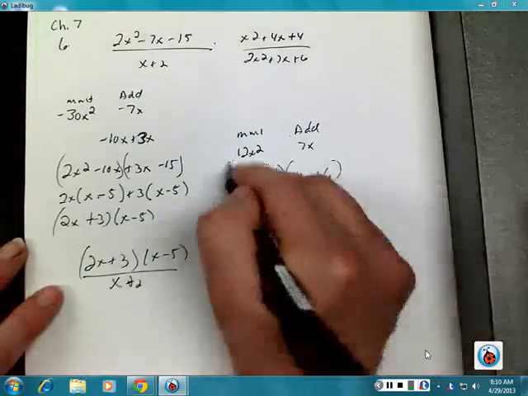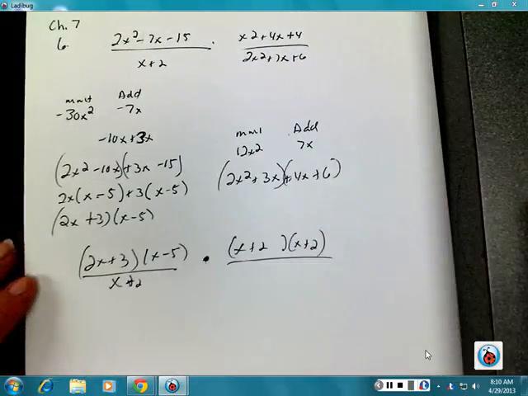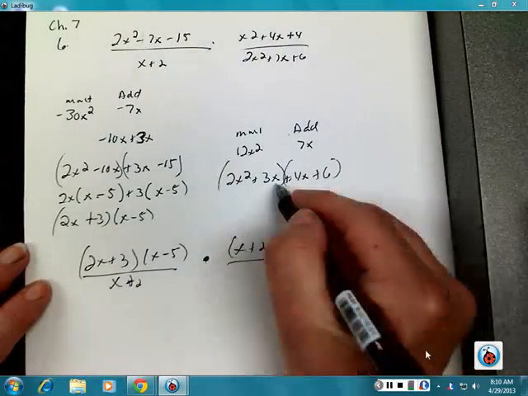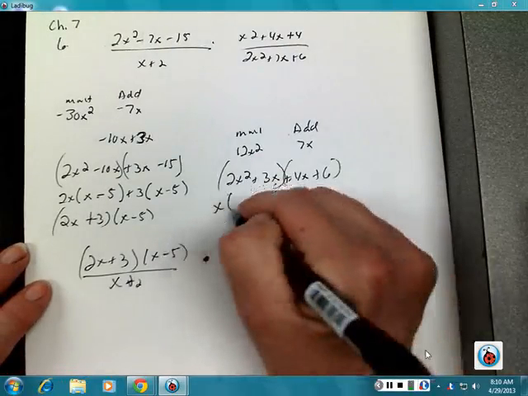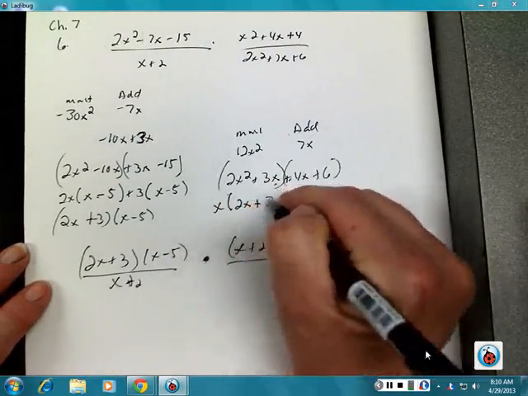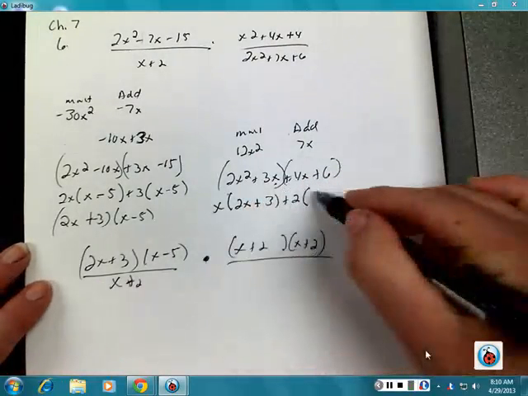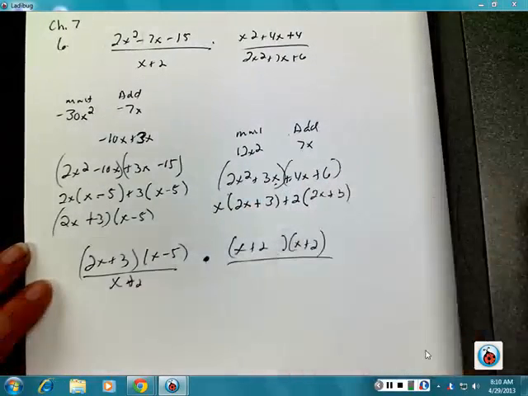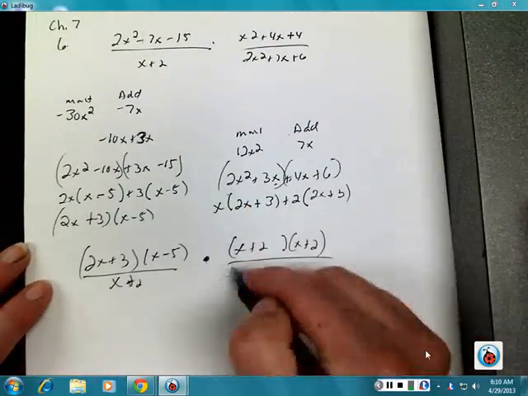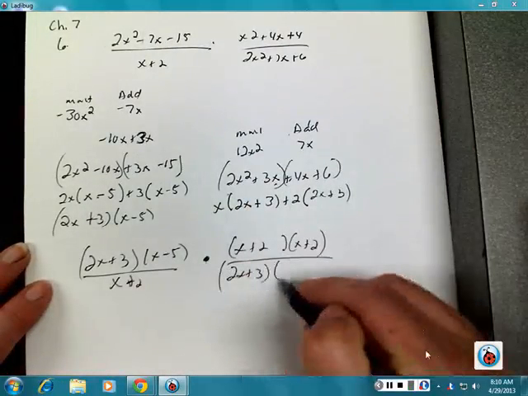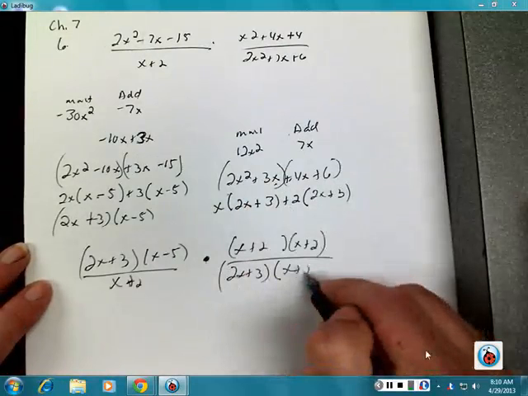Group in 2's. What do I pull out of that first part? I pull out an x only. Leaves me with 2x plus 3. Second one, I can pull out a plus 2. Leaves me with 2x plus 3. And so it factors to 2x plus 3 and x plus 2.